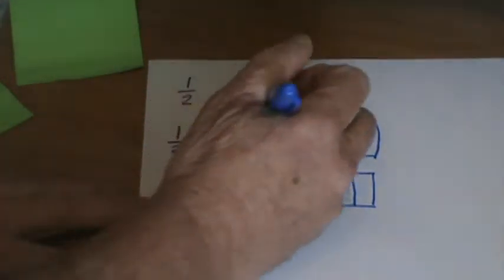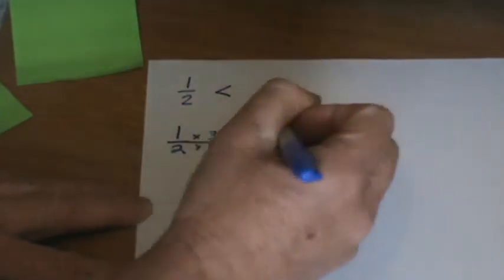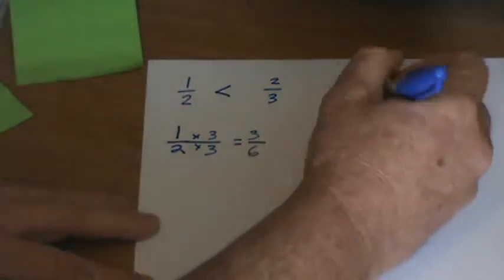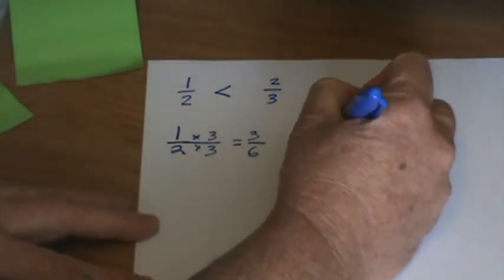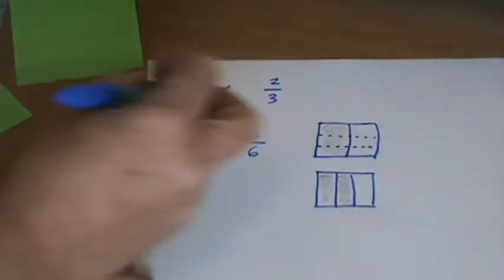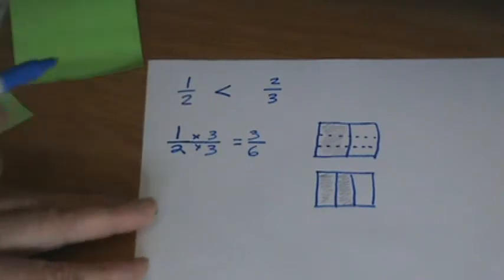So 1 times 3 is 3, and 2 times 3 is 6. So 3/6 is equal to 1/2. Take a look, what if I break this into 6 parts? We can see we have 3/6, which is equal to 1/2.